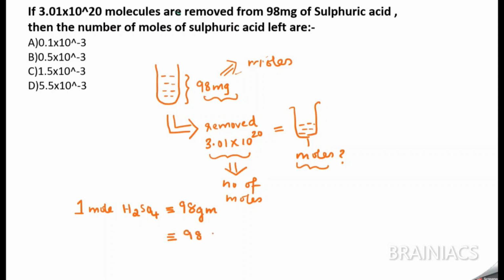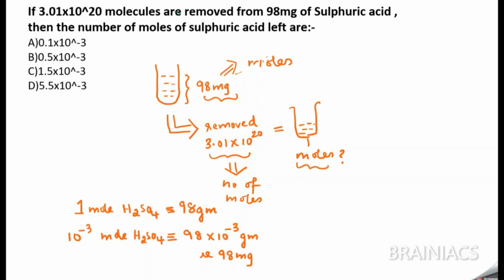Multiply by 10 power minus 3. So 98 into 10 power minus 3 gram is equal to 98 milligram. Multiply on the LHS also by 10 power minus 3, so this will become 10 power minus 3 mole sulfuric acid.